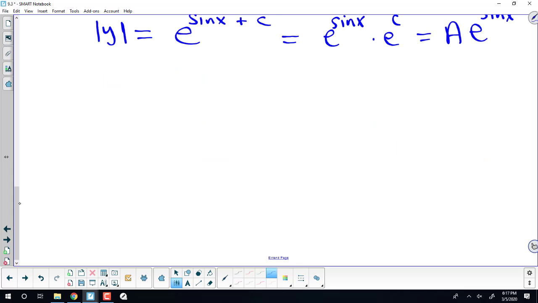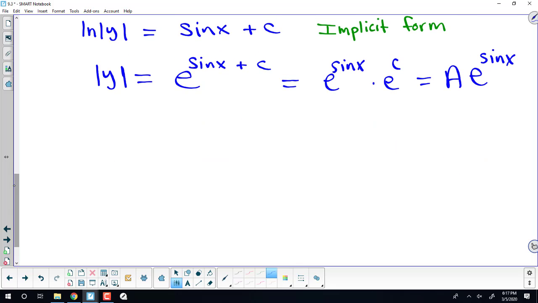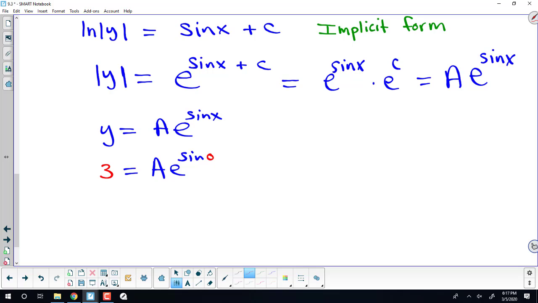So we could at this point say, well, that constant a can be just written like this. So we have 3 equals a times e to the sine of 0. So that tells us a is 3.